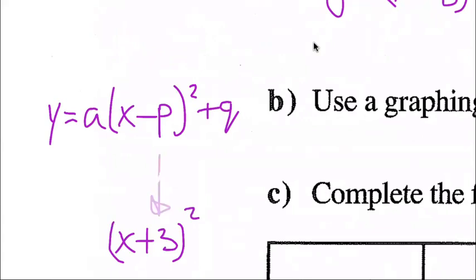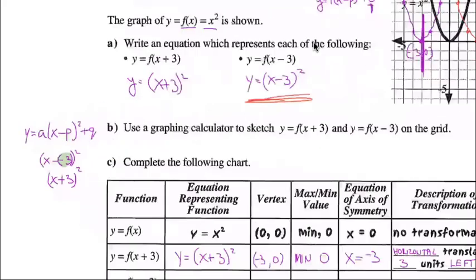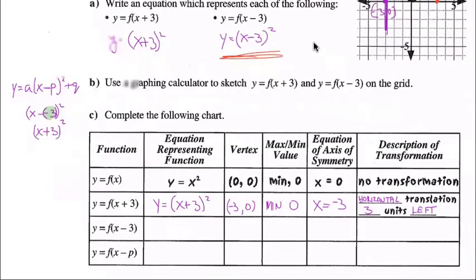If I work backwards, I'm going to put a 3 here and a minus, minus a negative 3, which actually gives me that plus 3. So now you can see that this is where the negative 3 value comes from. You have to remember it's opposite to what it shows in the equation. Or you could rewrite the equation out every time. I'll talk more about that in class. It'll be easier doing an example there.